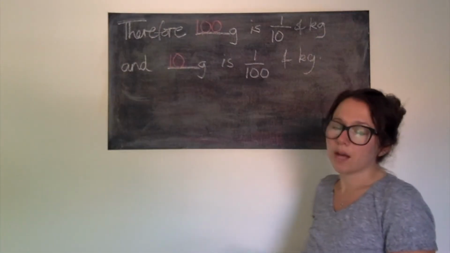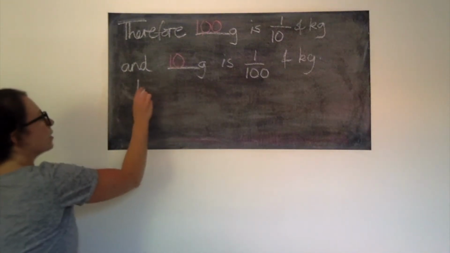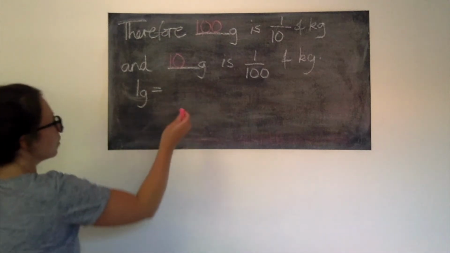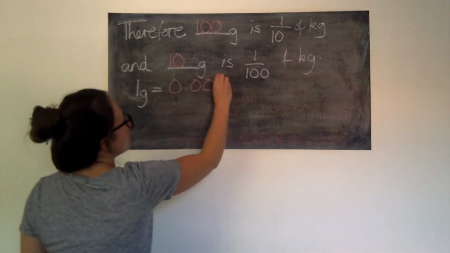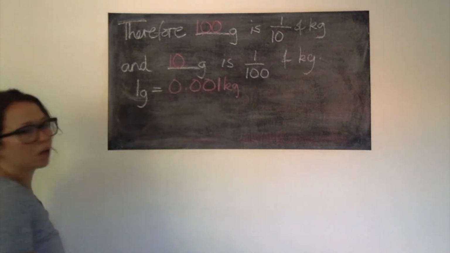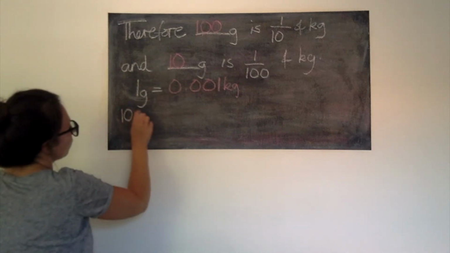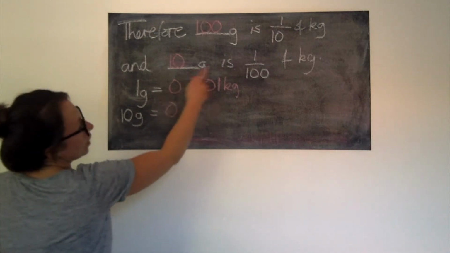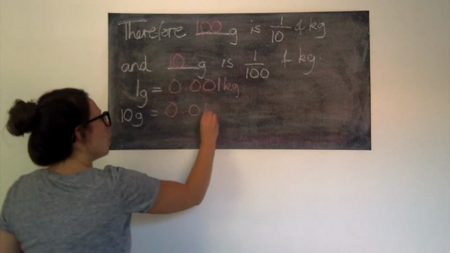We can use this to help us write them as decimals. So let's start off with 1 gram. We said that 1 gram was the same as 1,000th of a kilogram. So it would be 0.001 kilograms. This is my thousandths column. Then 10 grams is the same as 1/100th, so 0.01 kilograms.